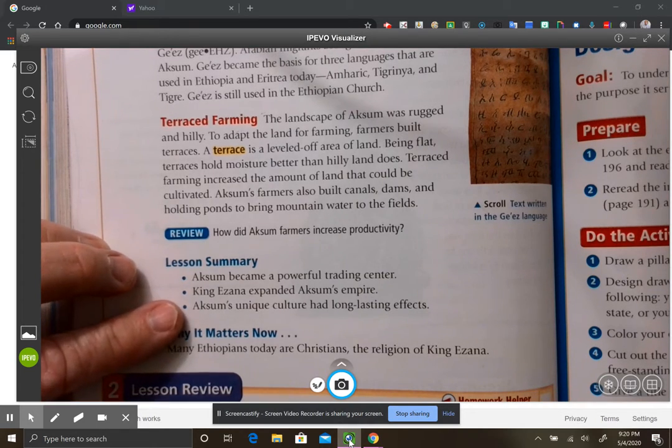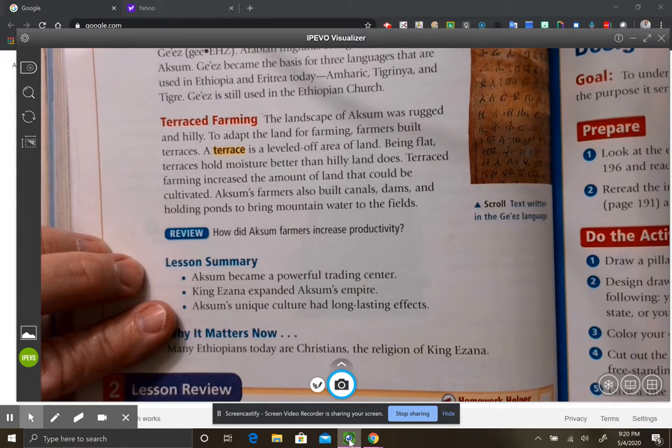And Aksum's unique culture had long-lasting effects. And remember, those long-lasting effects were, one, those architectural pillars, that architecture, and also those temples and churches. In the area of language, the Ge'ez language that is still used in Ethiopian churches today.